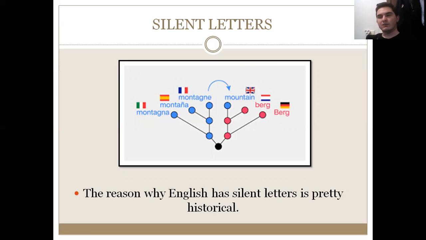For example, the word enough. What happens to that GH sound at the end? It becomes silent. Or thorough, or through. What happens to those TH and GH sounds? They are just gone. Why that happens is a bit historical.